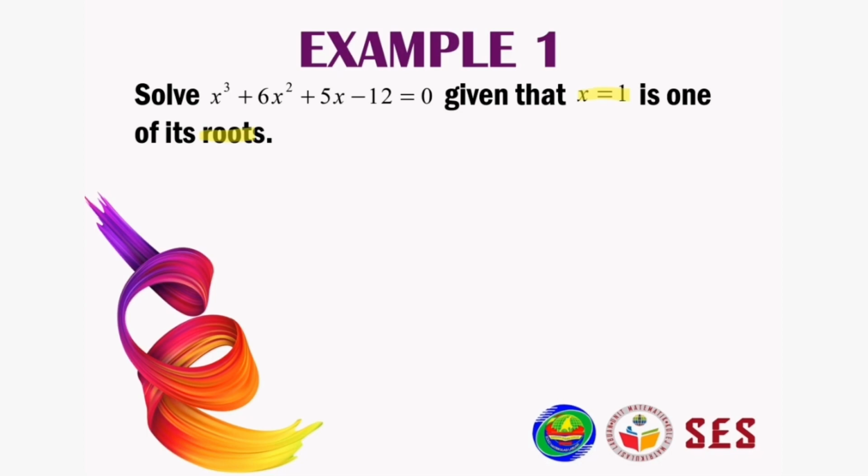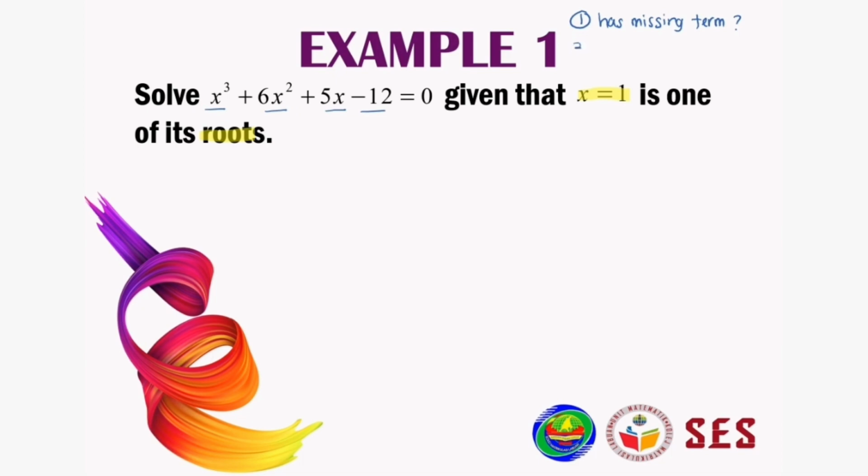Before we proceed, first of all, we need to check whether our cubic equation has any missing term. Clearly, for this example, we don't have any missing terms, which means we have x cubed, x squared, x, and a number at the back of the equation.